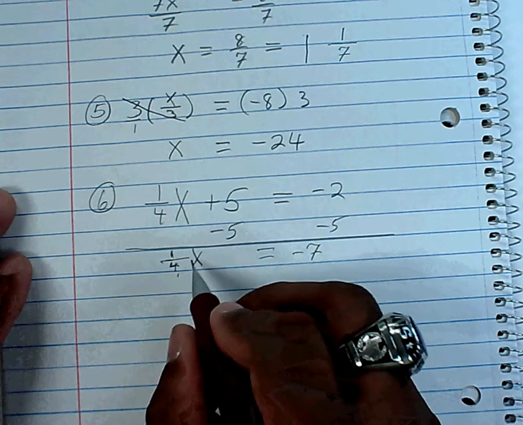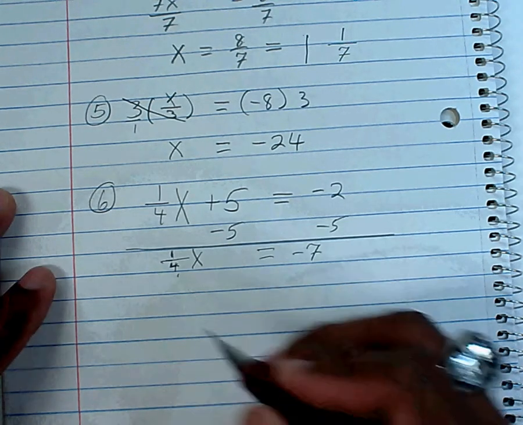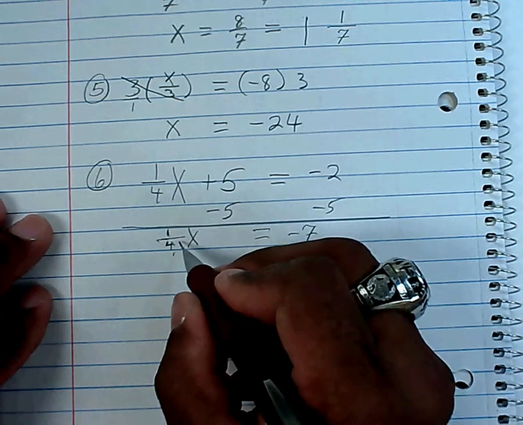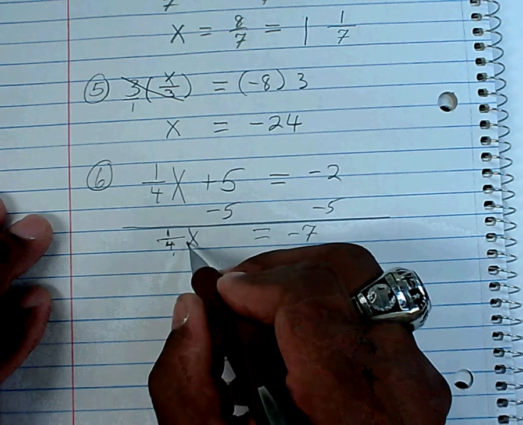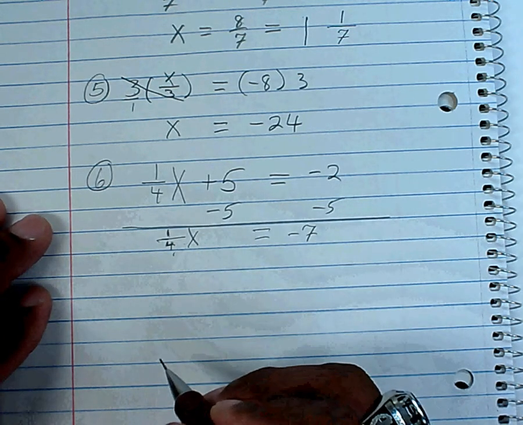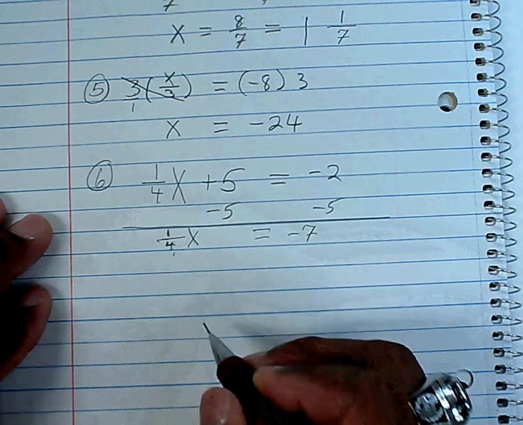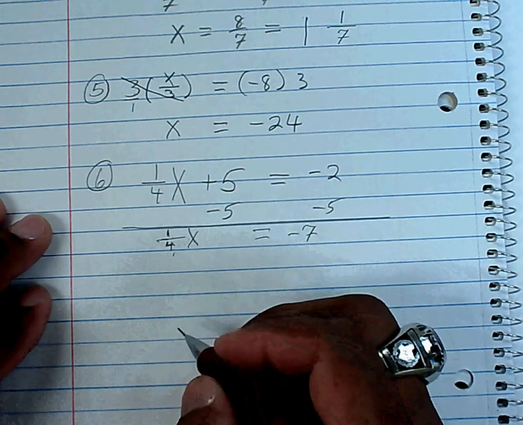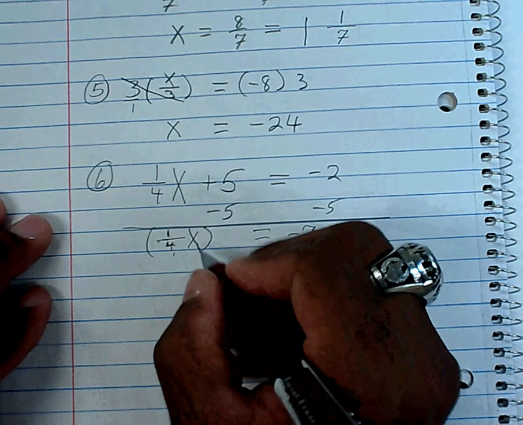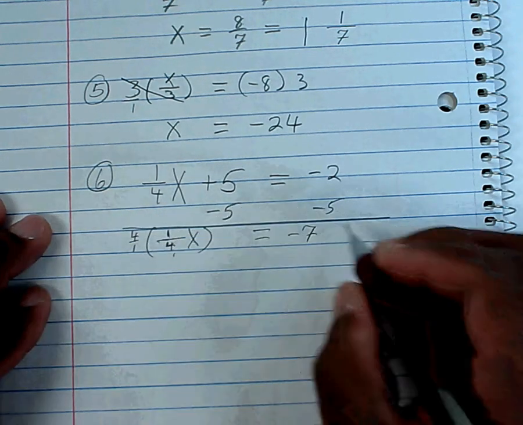And you can think of this like the previous problem where we had x over 3. You can think of this just like the way it's written right here. And you want to separate the 1/4 and the variable x. So therefore, what I'm going to do is multiply both sides by 4, or 4 over 1.